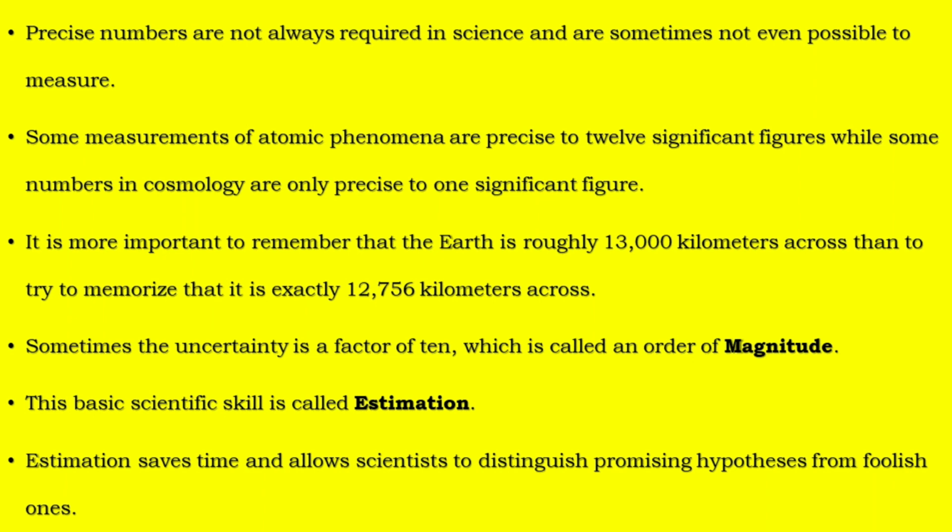Sometimes the uncertainty is a factor of 10, which is called an order of magnitude. Knowing an approximate value allows you to estimate many effects without extensive calculation or looking things up in books. This basic scientific skill is called estimation. Estimation saves time and allows scientists to distinguish promising hypotheses from foolish ones.